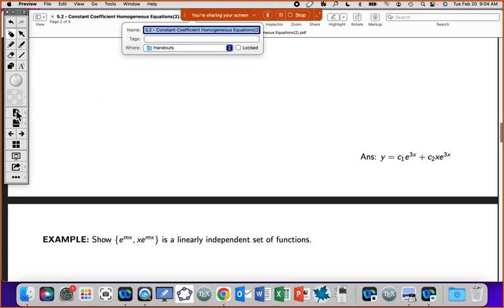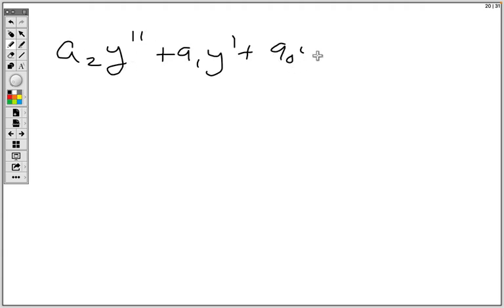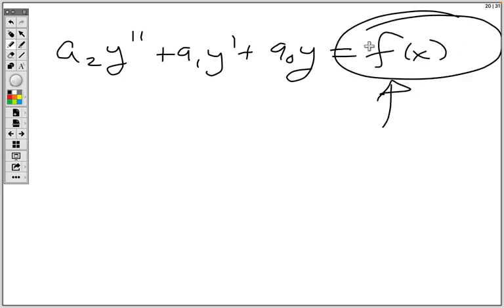So tomorrow then we're actually going to be in the situation where we're going to start looking at non-homogeneous equations. So instead of having 0 here, we're going to have an f of x. And so it takes a few sections to get through to solving a non-homogeneous piece.